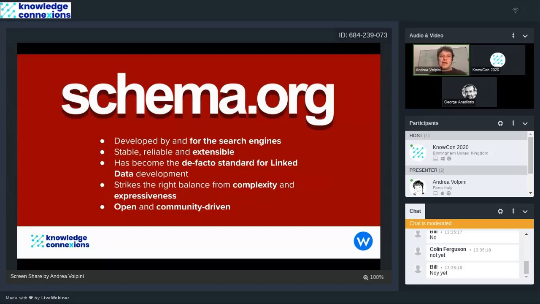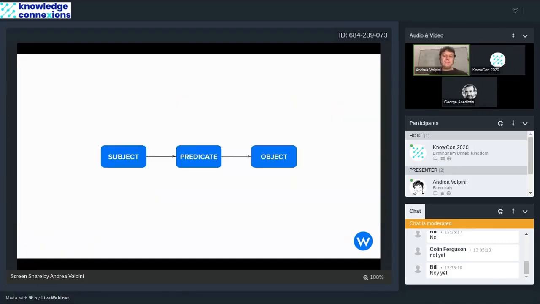So there are 841 different types of things that we can structure using the schema.org vocabulary. That's super powerful, and that's the language that we use for creating the facts inside the knowledge graph, starting from a website.